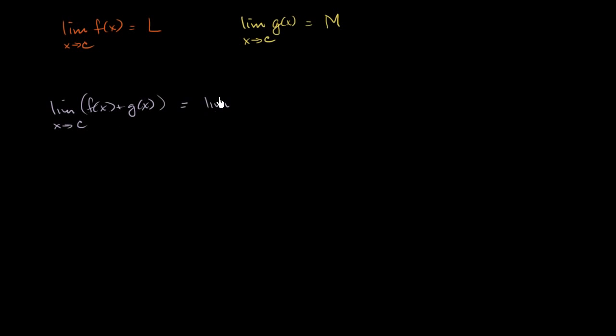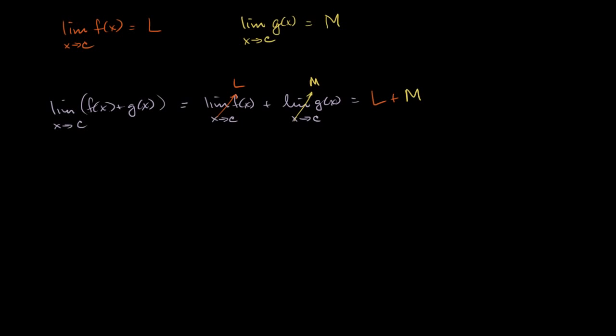This is going to be the limit of f of x as x approaches c plus the limit of g of x as x approaches c, which is equal to L plus M. This right here is just equal to L, and this right over here is equal to M. Not too difficult. This is often called the sum rule or the sum property of limits.